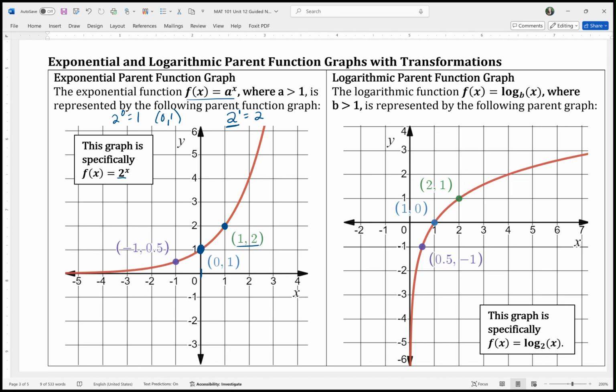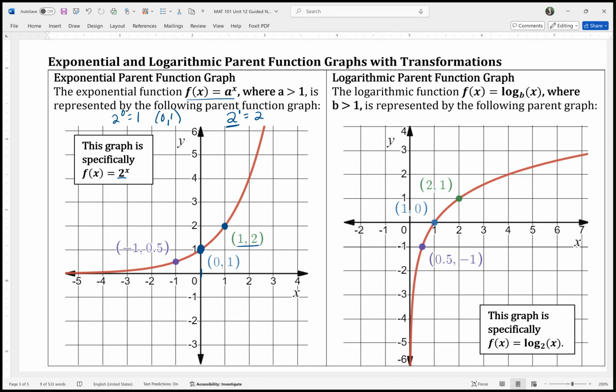Let's move to our logarithmic parent function graph here on the right-hand side. You see that our basic function here is f of x equals log base b of x. And again, b is greater than 1. Notice that this kind of has a similar shape but flipped in the opposite direction.